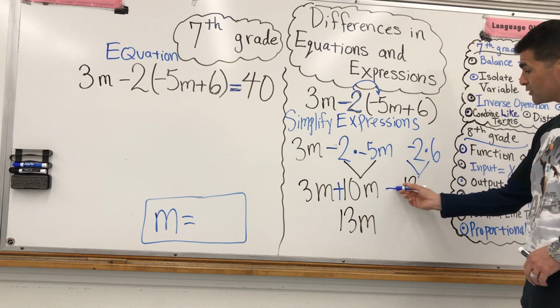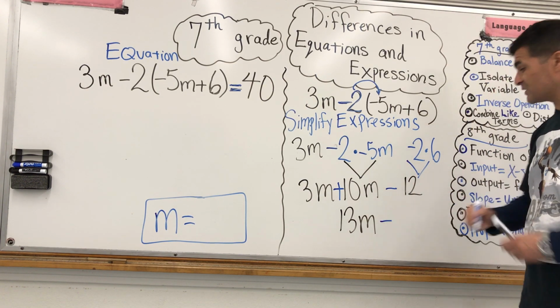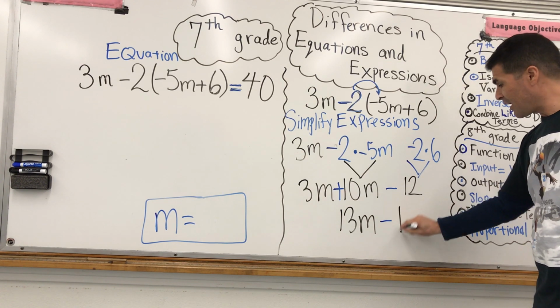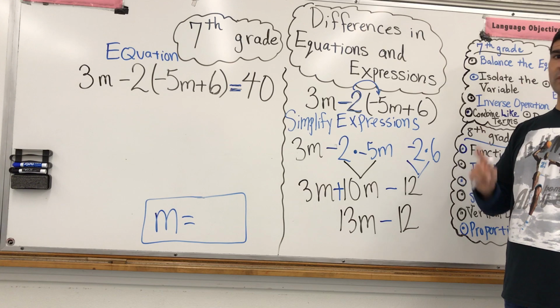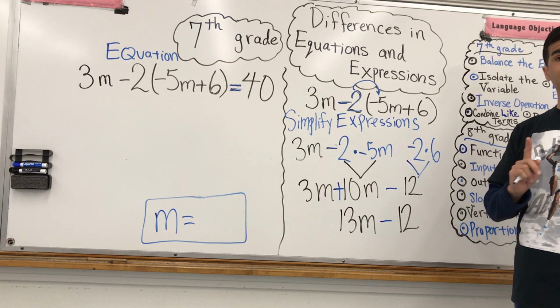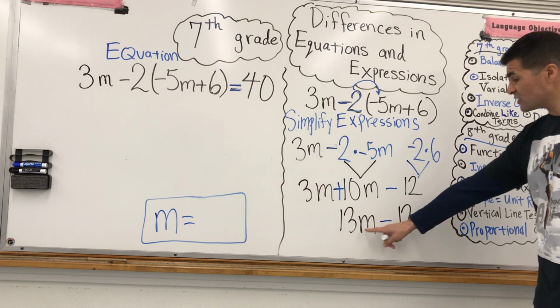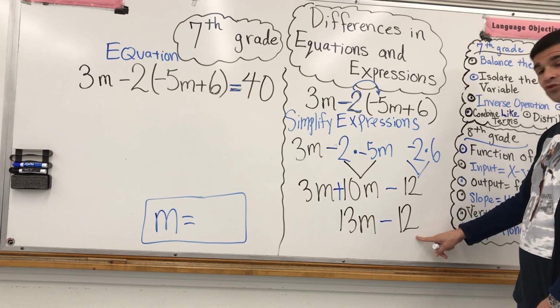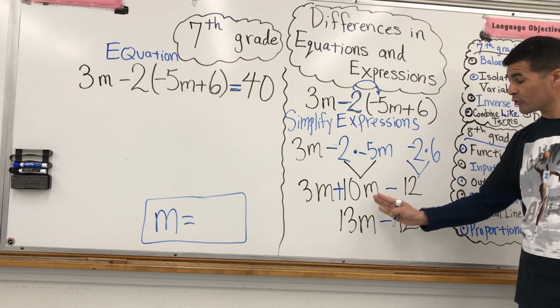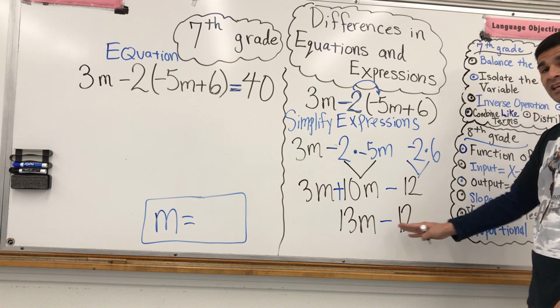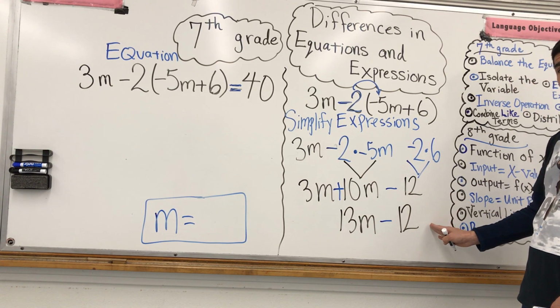Now, I still have to write this minus 12 down. A lot of people want to subtract the 12 from the 13, but we cannot combine things that aren't like each other. This 13 is not like this 12 because this 13 has a variable m. There are 13 m's, and we cannot take away 12 numbers without any variable from it.